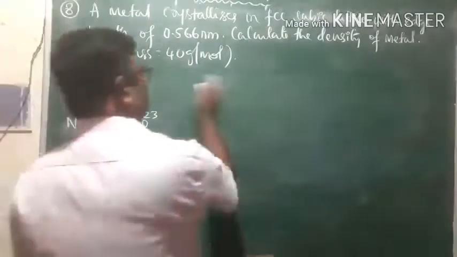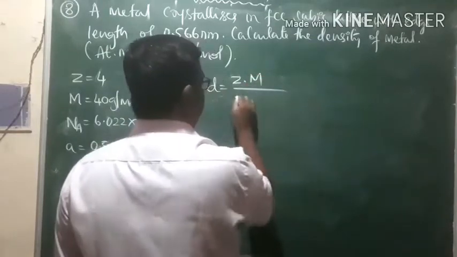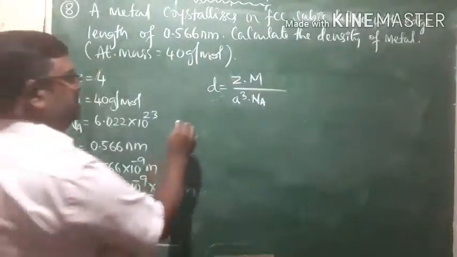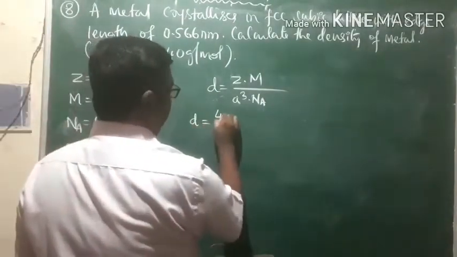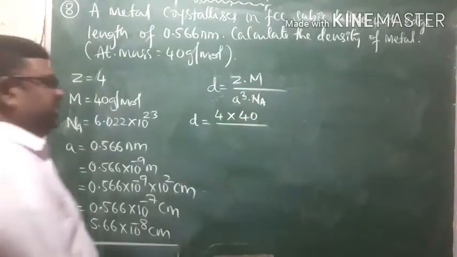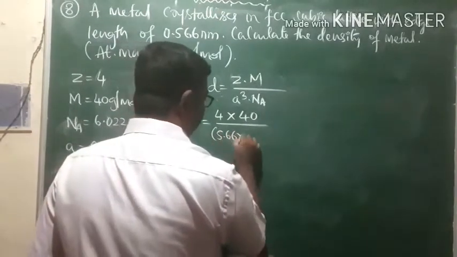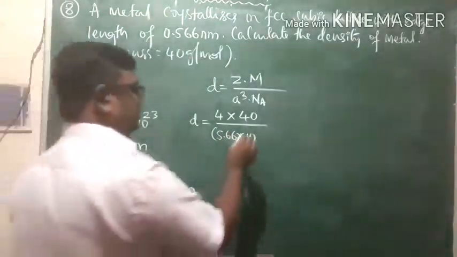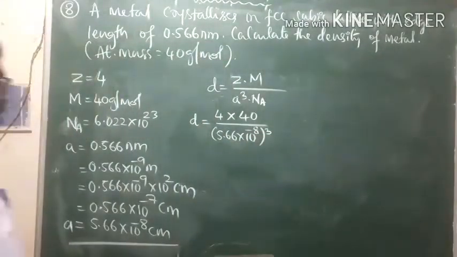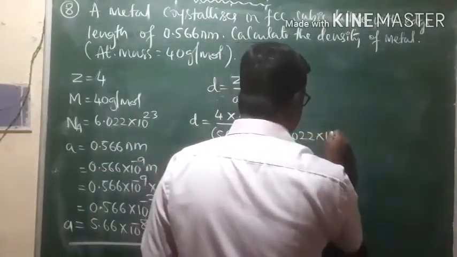Substitute all these values in the formula: D is equal to Z into M divided by A cube into Avogadro number. Then D is equal to Z is 4, and M is 40, so 4 into 40 is 160, divided by A cube, which is 5.66 into 10 to the power of -8 whole cube, into 6.022 into 10 to the power of 23.